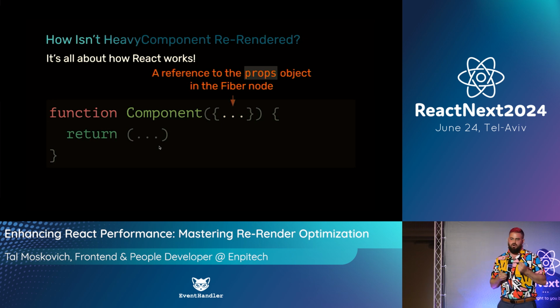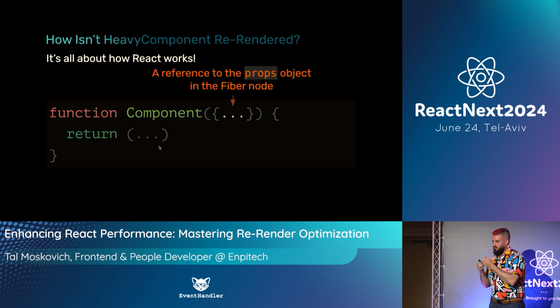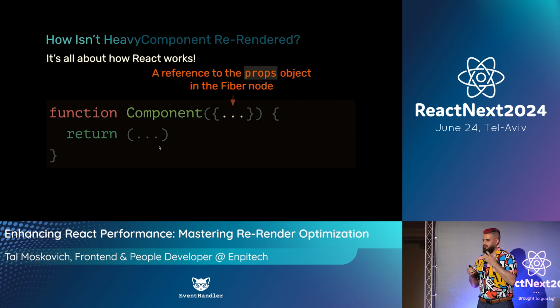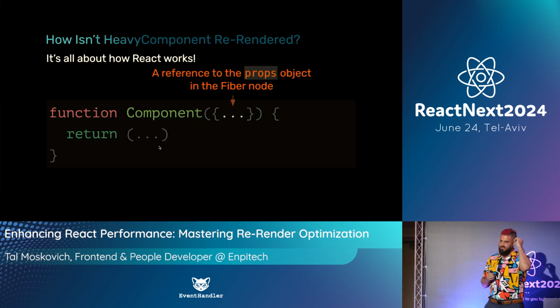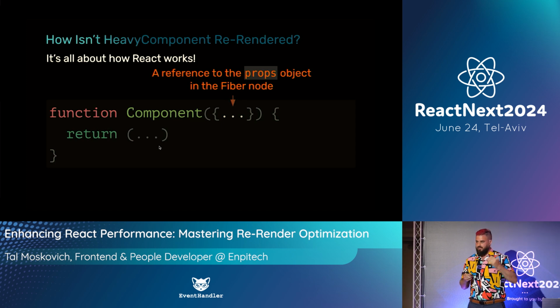And we actually forgot that these props are an object, because we love to destructure the attributes of the props. And when this component is re-rendered, this props object is created from scratch. Because as we saw in the call to React.createElement, this props object is created again and again on each render.